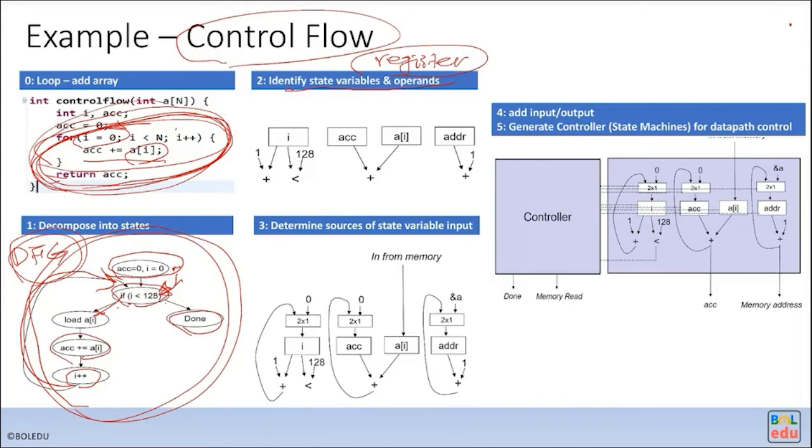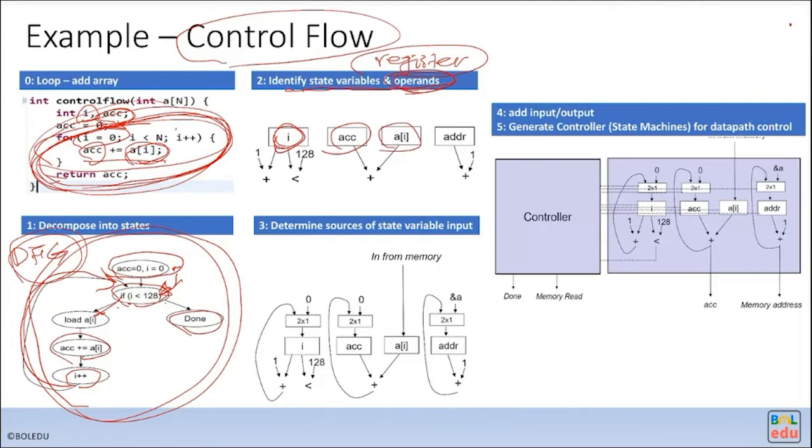So what state variables or operands do you need to keep? One is the loop index variable and the accumulator, which is declared here, right? And then when you load the A[i] array, you need to save it.